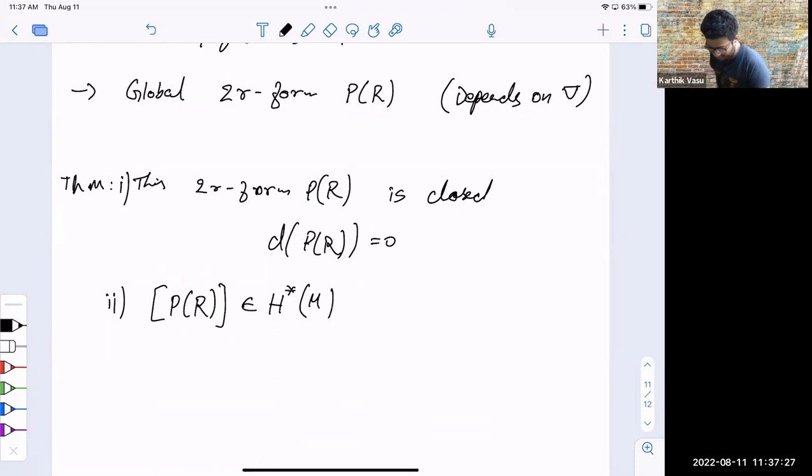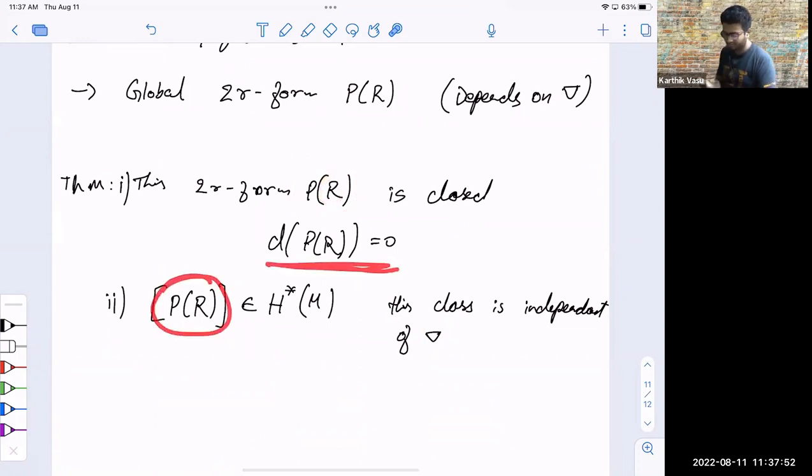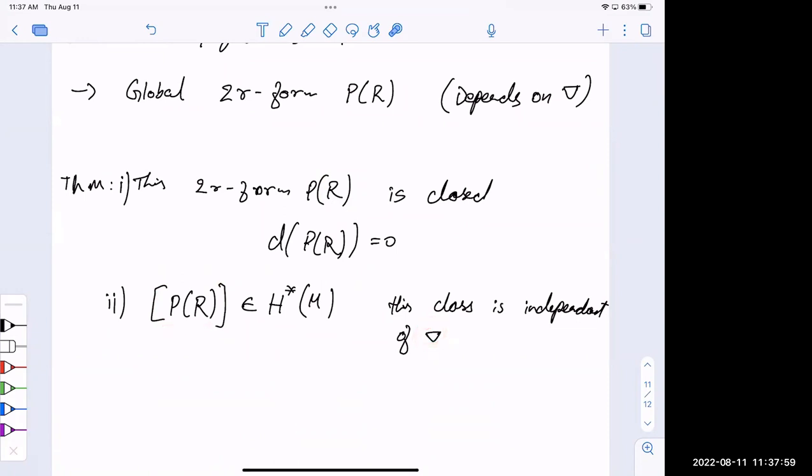And the theorem is this class is independent of nabla. Initially I had chosen a nabla to define my curvature, and I used that curvature to define this form, and I saw that that form is closed, so it is giving me a cohomology class. But it turns out this class is independent of the chosen nabla.